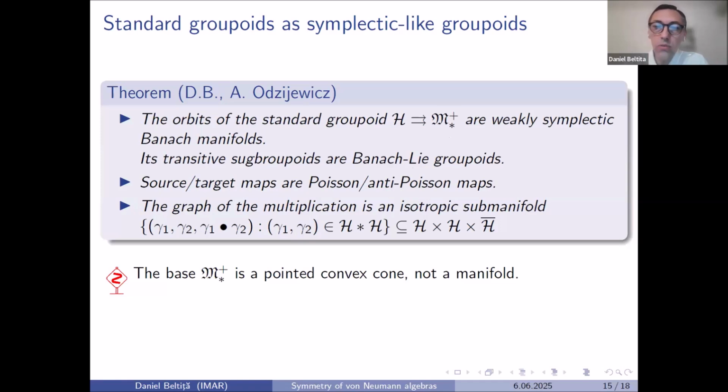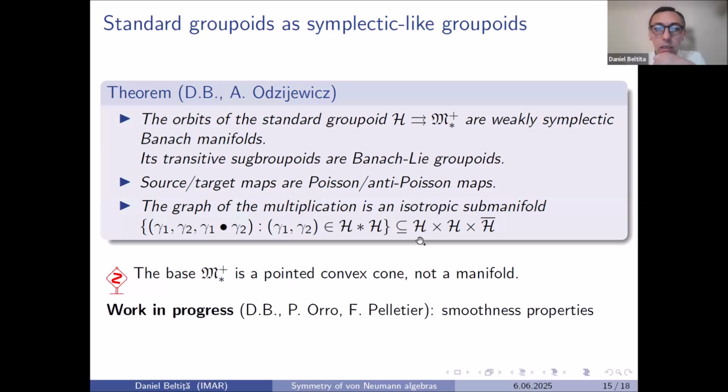Still, it would be very interesting to understand what we can do with the initial topology here. And this is ongoing work with Patrice Auron and Fernand Pelletier to understand to what extent we can talk about the standard groupoid as being differentiable, but using the norm topology on this cone.